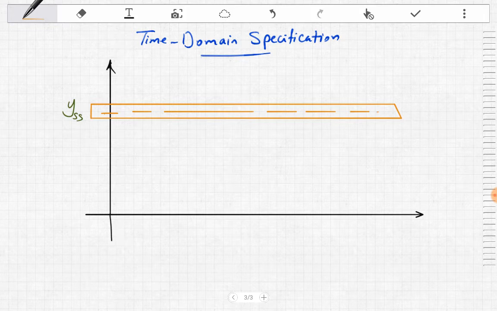So let's say that we're going to use 2% plus or minus. So at steady state, you can have more or less than the steady state by 2% of this value. For example, if YSS is equal to 1, you might have it from 1.02 to 0.98.